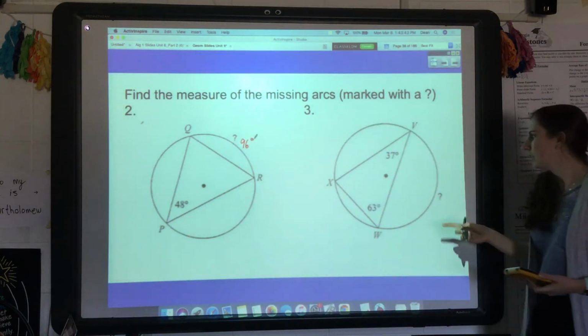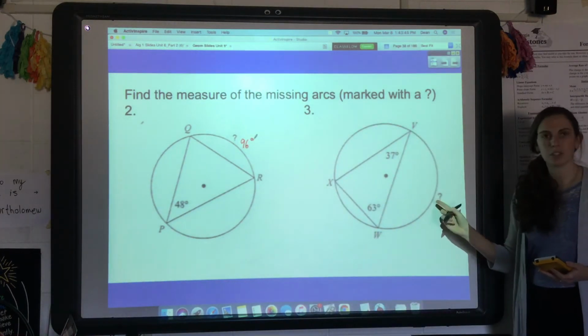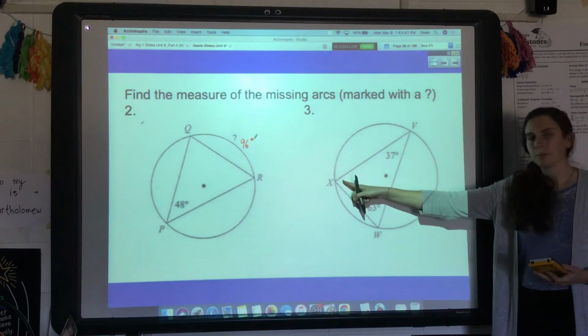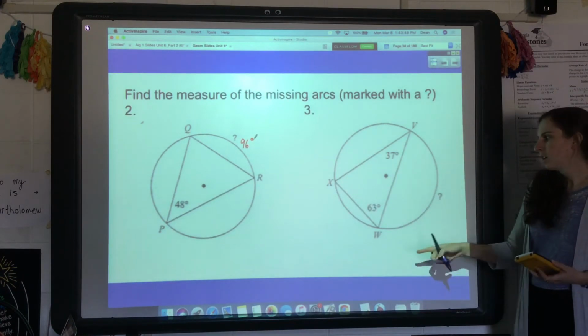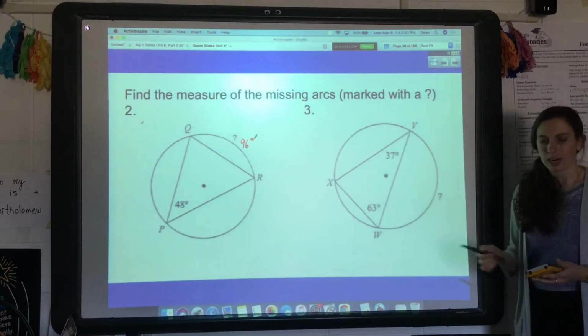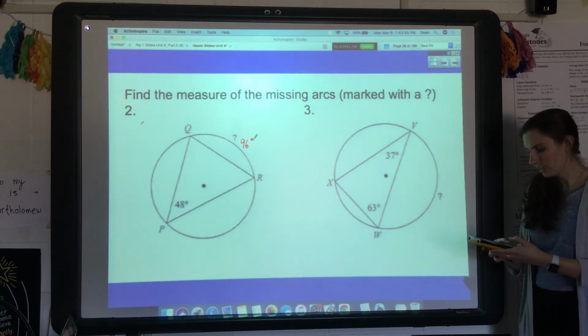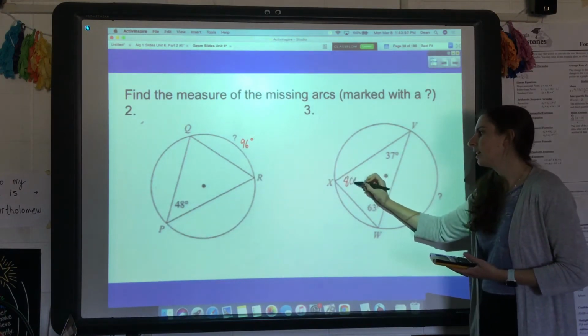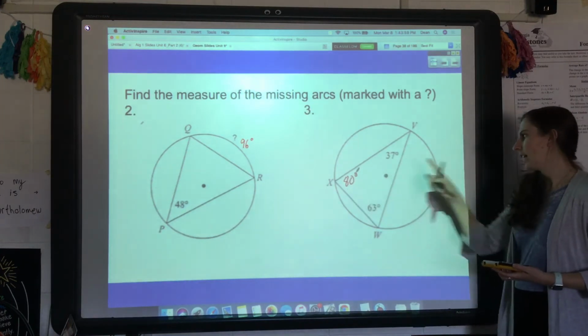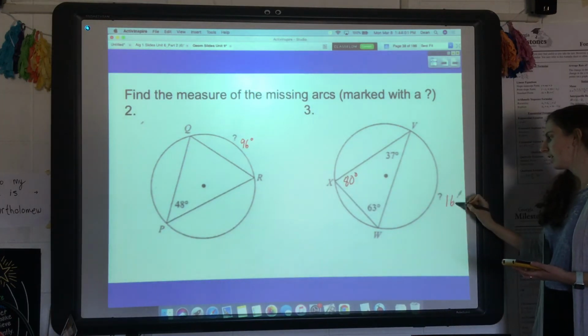Or on this one you're going to have to do a little work, because I don't know what that angle is, but I know a full triangle should be 180. So do 180 minus 63 minus 37, you get 80, and then double it, and that will give you this, which is 160.